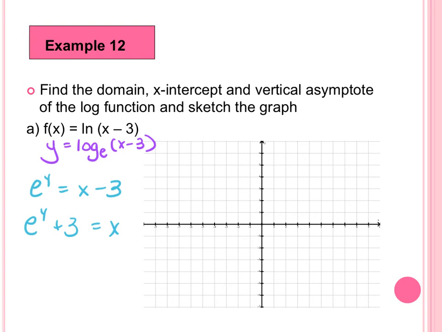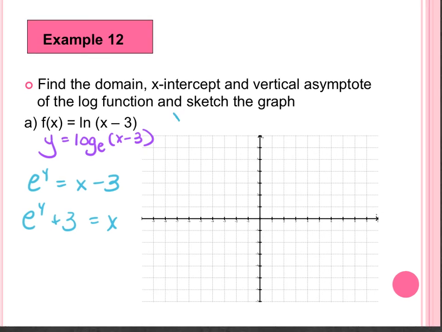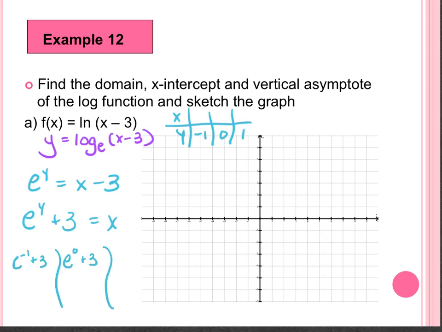Now it's still a log function, so I am still plugging in for the y. It's just that now I have to use the calculator because I have e. So e to the -1 plus 3, e to the 0 plus 3, e to the first plus 3.